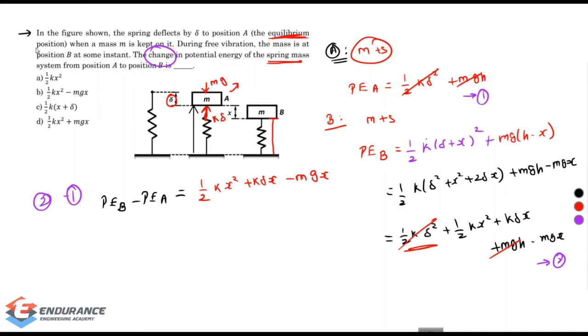So mg is equal to k delta. Substituting k delta for mg, k delta x minus k delta x gets cancelled. So my final answer is simply 1 by 2 k x square.